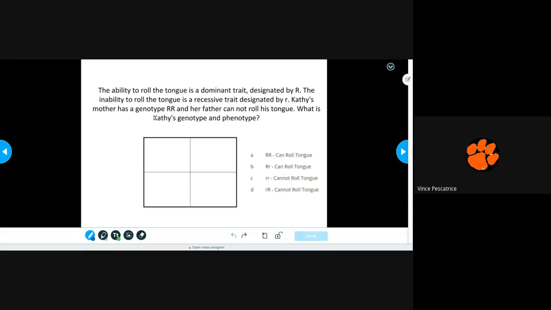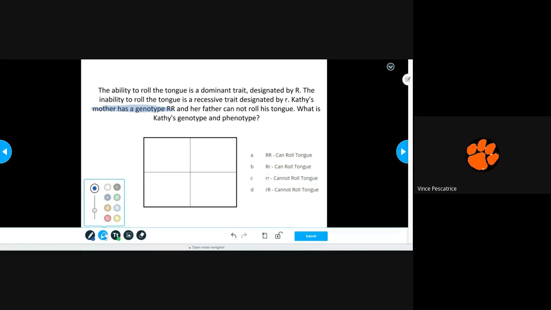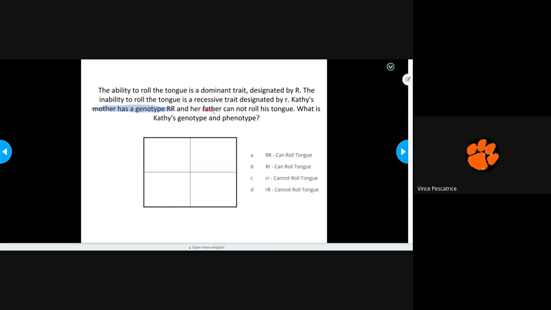So right here we're going to look at the facts. In here it says the mother has the genotype RR. And then it says the father cannot roll his tongue.